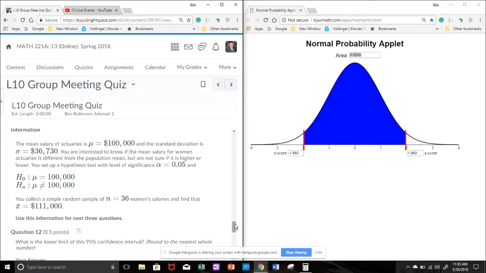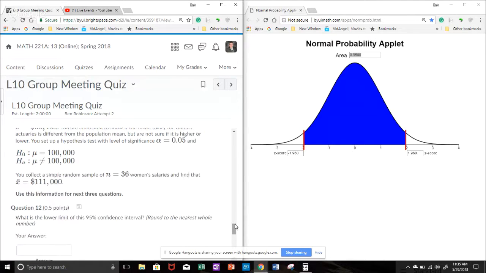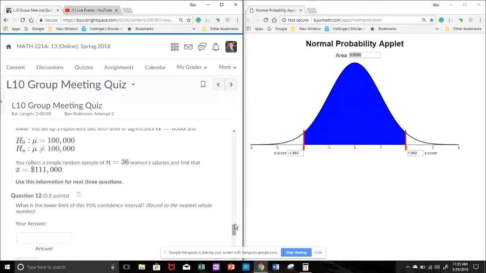You collect a simple random sample of n equals 36 and find that the sample mean equals $100,000. Okay, use this information to answer three questions.